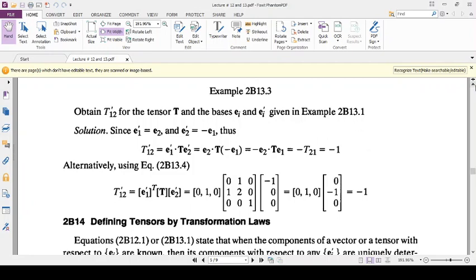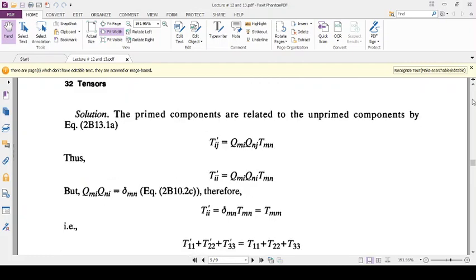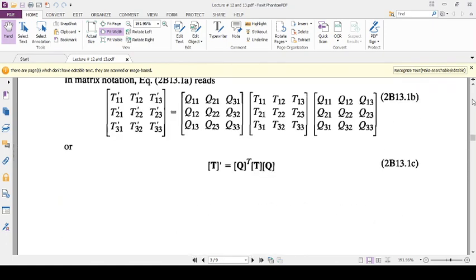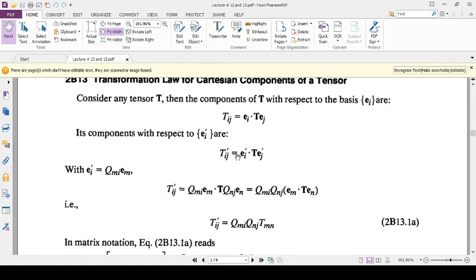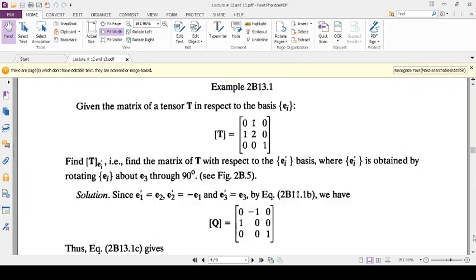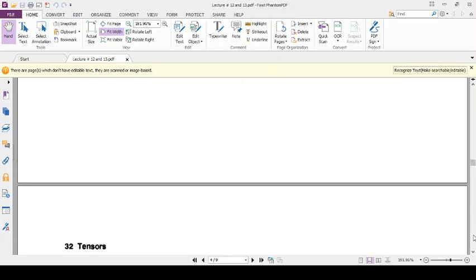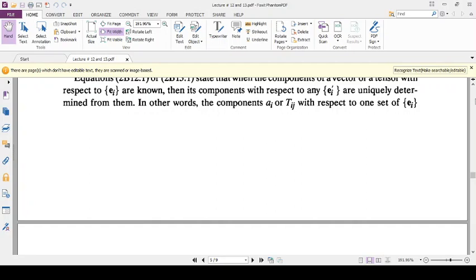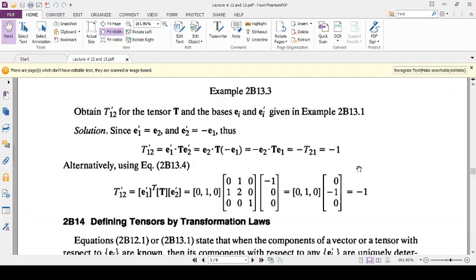Simply T12 dash equals e1 dash dot T e2 dash. So simply put e1 dash here, e2 dot T e2 dash is minus e1.